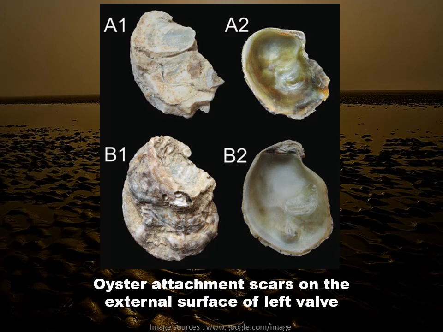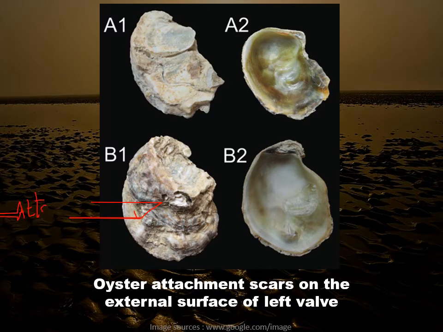Here you can see oysters, some cemented bivalves. You can see the external surface is very rough. They do not have any distinct shape because this external surface is of a left valve, the valve by which the bivalve is attached to the substrate.